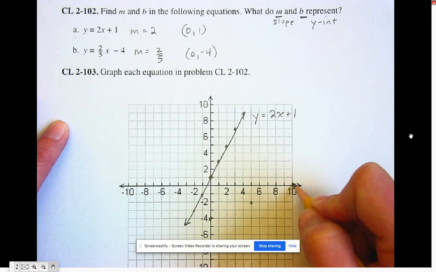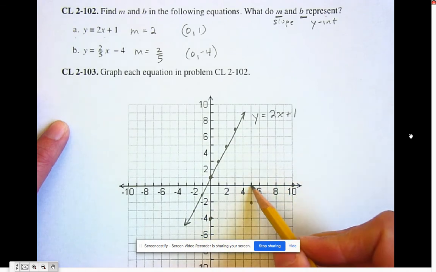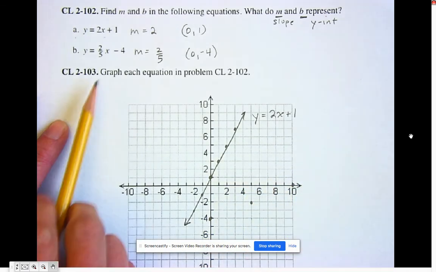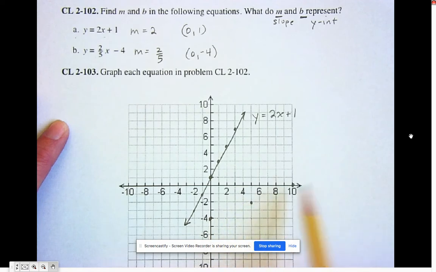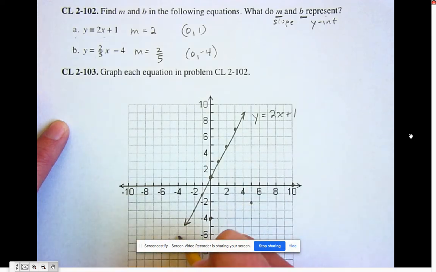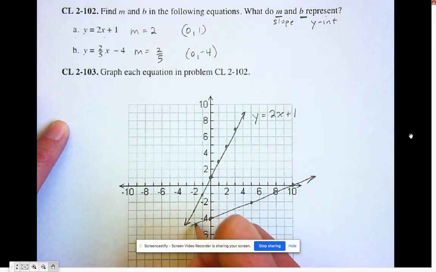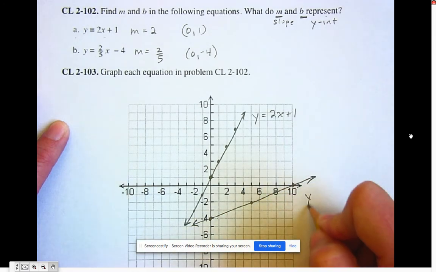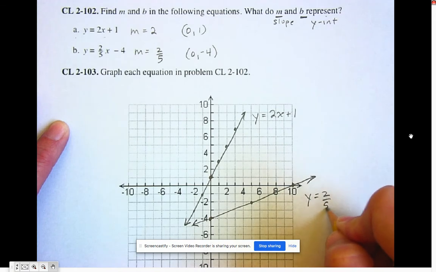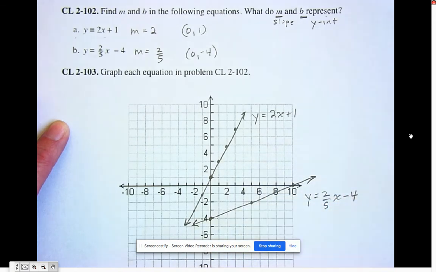So 5 and then 2. And you could try putting the numbers 5 and 10 in these equations, and you should get -2 and 0. Okay, so then I'm going to go ahead and just connect those points to make my line. All right, so y is equal to 2/5 x minus 4. So I graphed each of those by first graphing the y-intercept and then by graphing the slope.